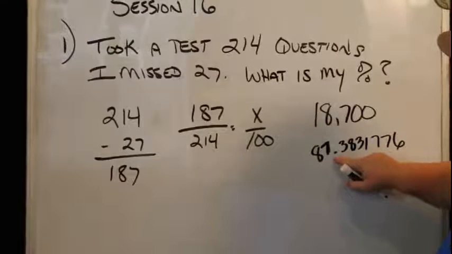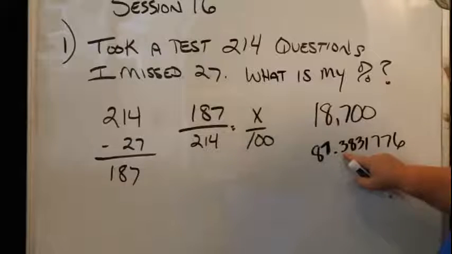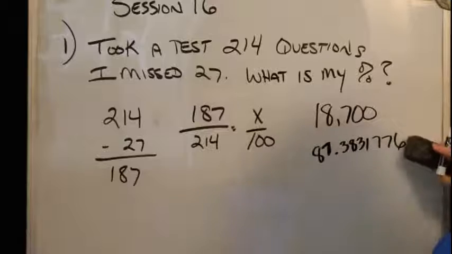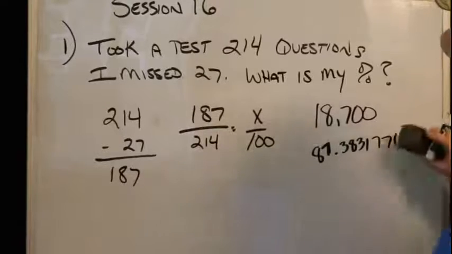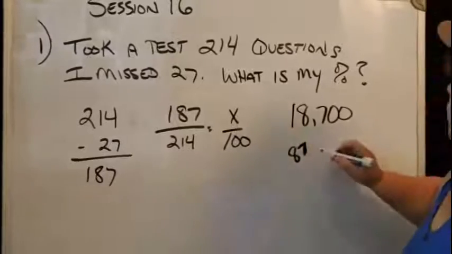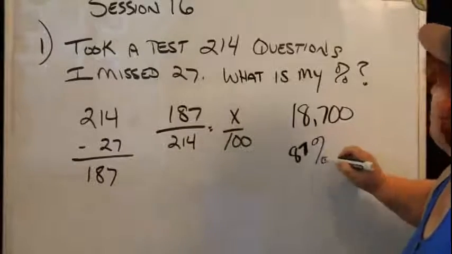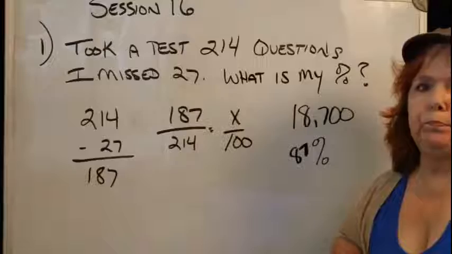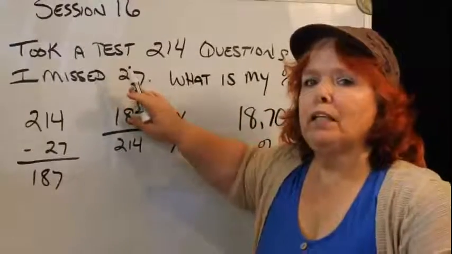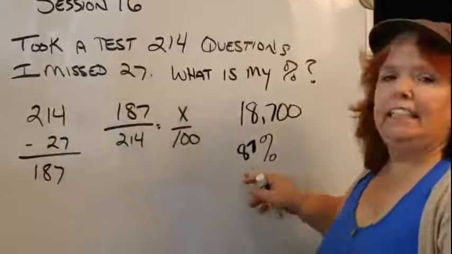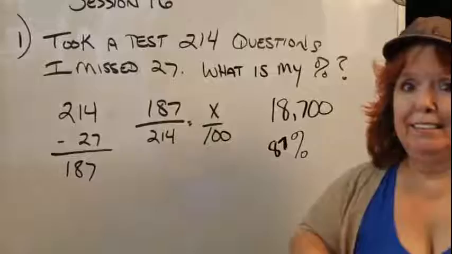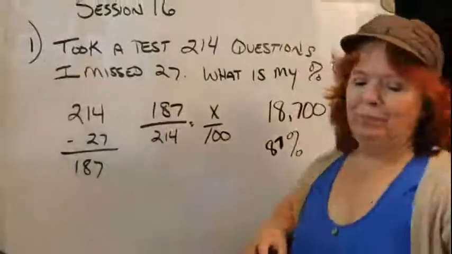What do I do with this 7 if this number is 3? You round straight to the 7. So I leave the 7, and this just drops off. So what I got was 87% on the test. With 214 questions, missing 27, my score was 87%. So passing. It's a high B. It's good.